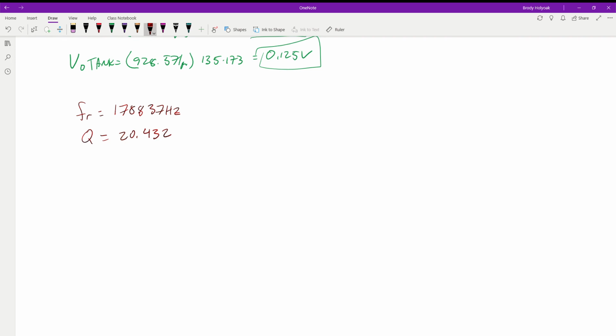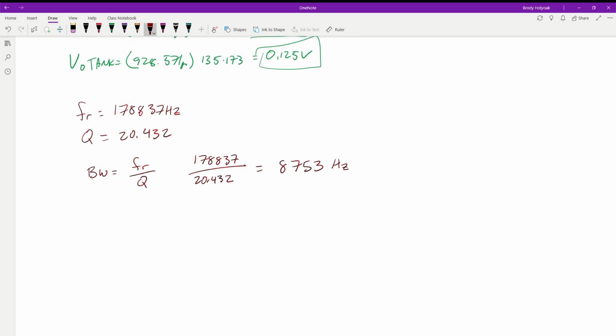We remember our bandwidth is equal to our resonant frequency divided by the Q point. So we take 178,837 and divide that by 20.432. That's going to give us a bandwidth of 8753 hertz. Half of that going up and half going down will give us our two critical frequencies.